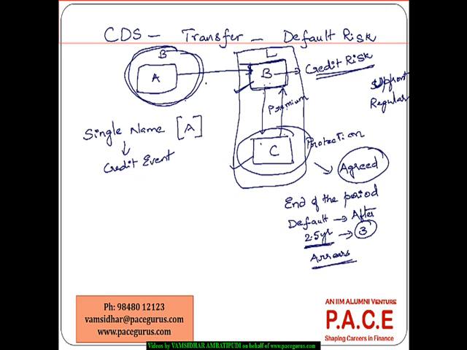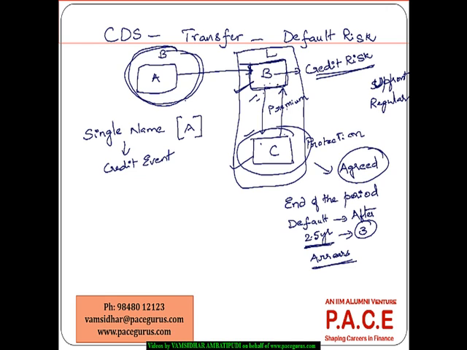And probably B does not even talk to A to say that I am getting into a CDS contract with C. So A is nowhere involved in this CDS contract. The reference entity is not a party to the contract, and it's not necessary for the protection buyer or the protection seller to get permission from the reference entity to enter into a CDS.